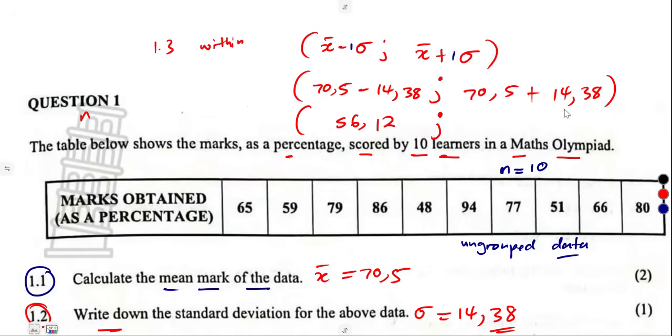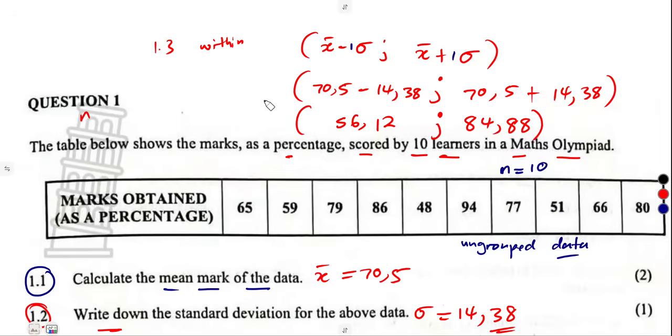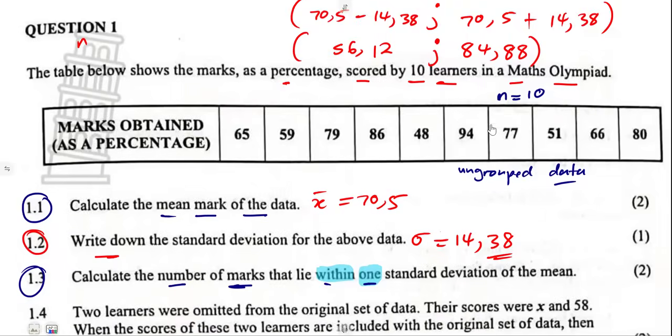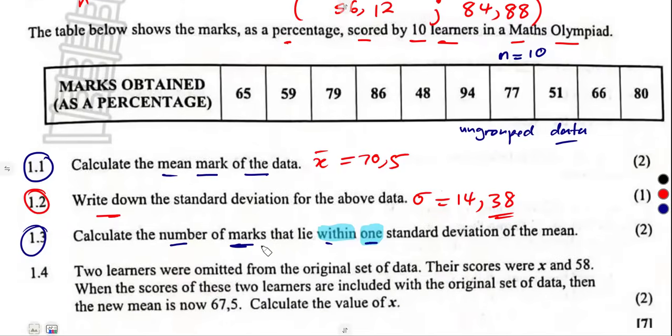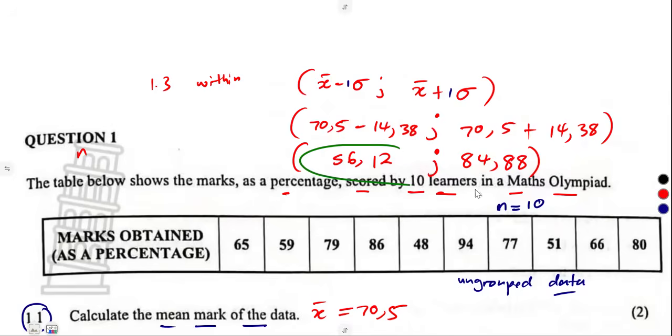Then if we add these two, we're going to obtain 84,88. So in our simplification, we are saying the values or the marks that we need are within this interval, this one standard deviation. This is our interval of one standard deviation from the mean.